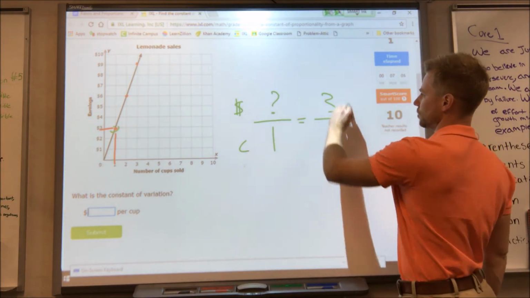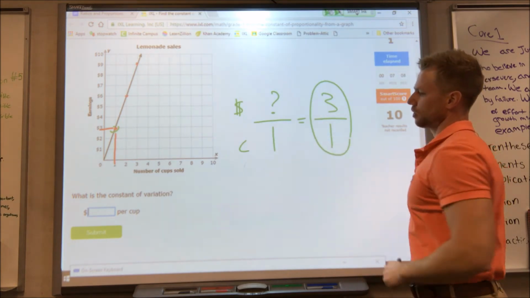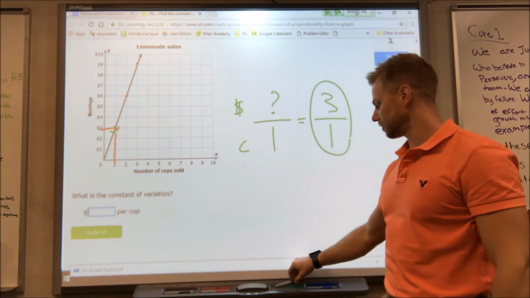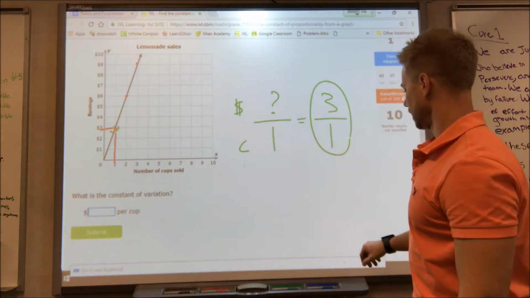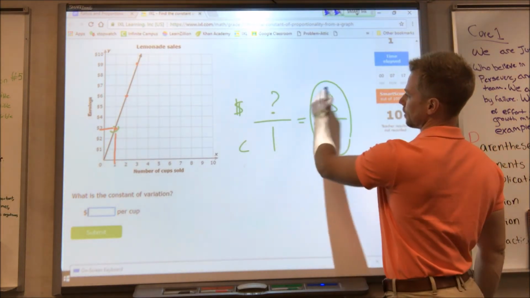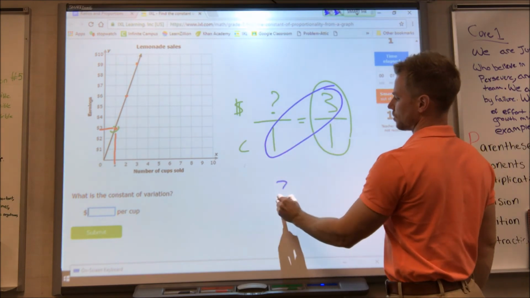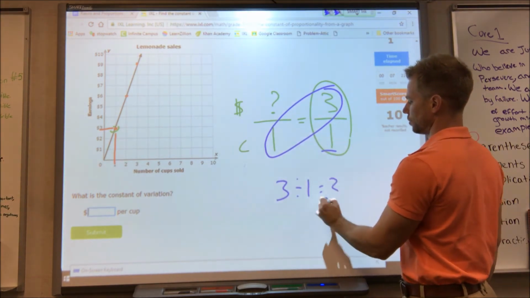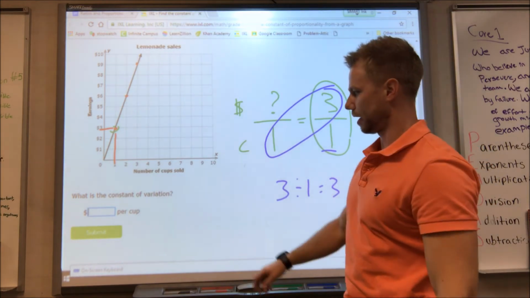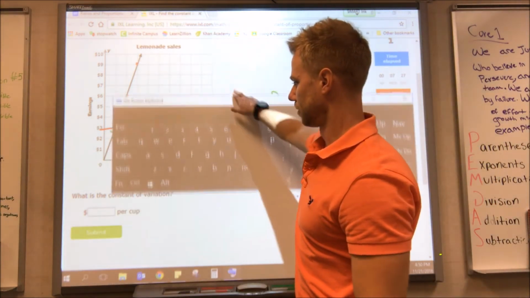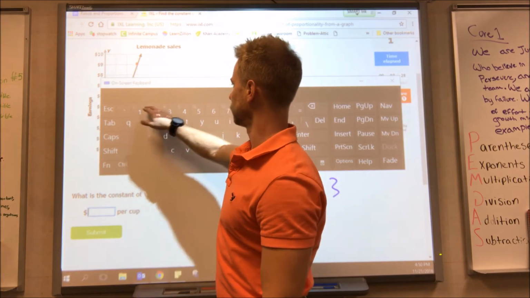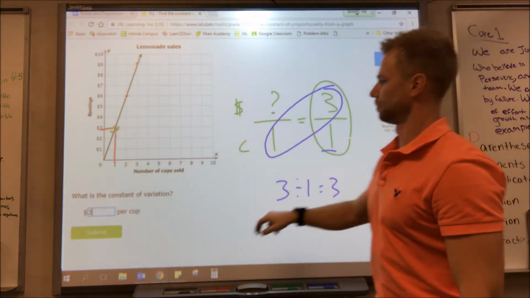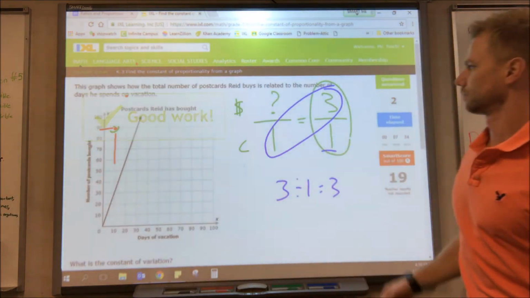And actually, since there's already a 1 in this ratio, that is my constant of variation. If I didn't see that, then I could cross multiply. 3 times 1 is 3, divide by 1, which is 3. Making my constant of variation 3, so it would be $3 per cup. Good.